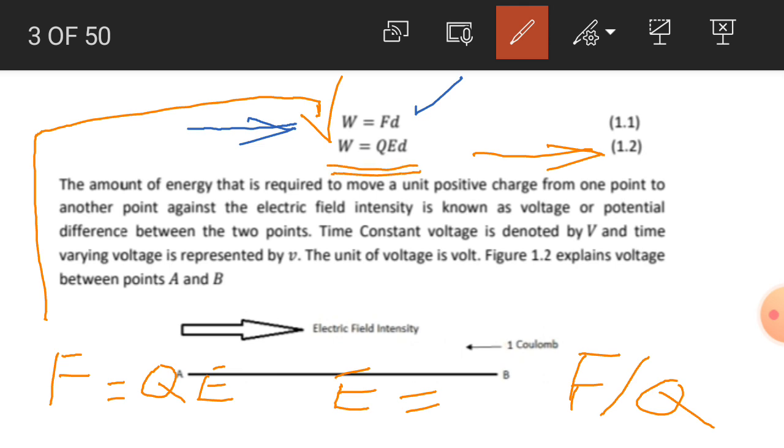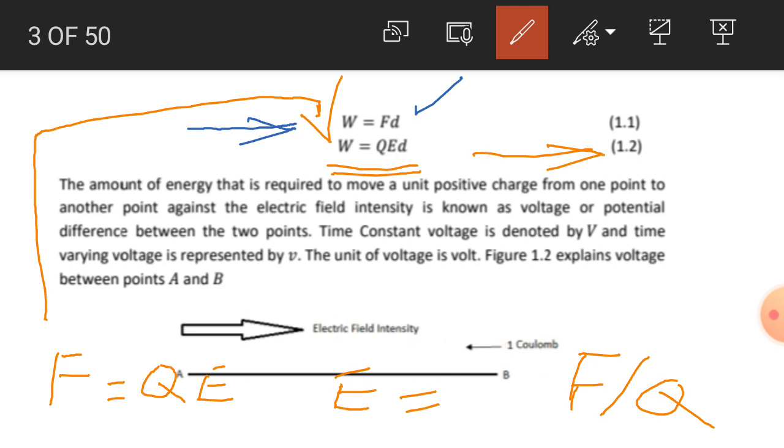Equation number 1.2 gives you the electrical energy which is required to move this charge of q coulomb from the initial position B to the final position A against the electric field. This is how we calculate the electrical energy.